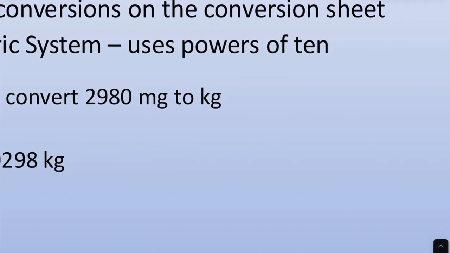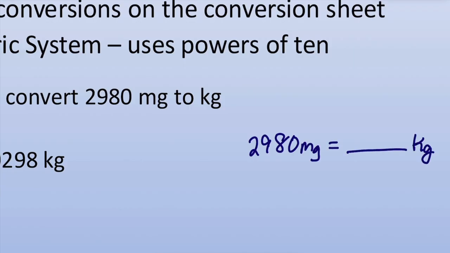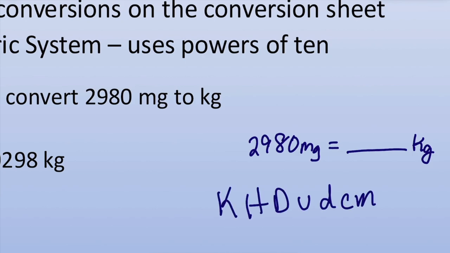Now, if we have 2,980 milligrams, and we want to know how many kilograms it is, one way is to use our kittens hide down under dad's car motor chart. Now this is milli, this is kilo, so it goes kilo, hecto, deca, the plain old unit like gram, meter, liter, deci, centi, milli.